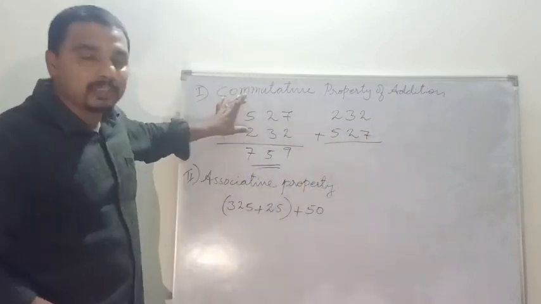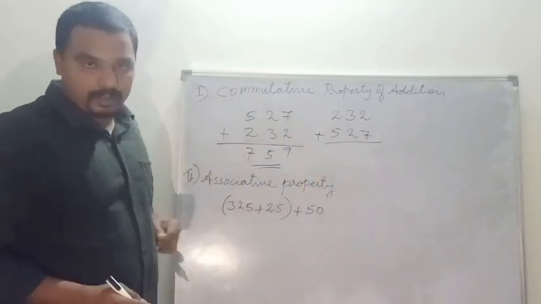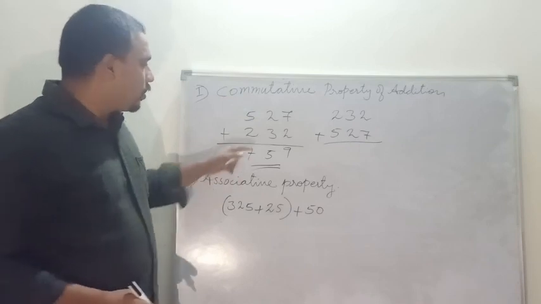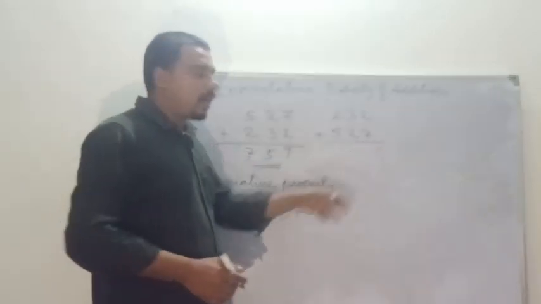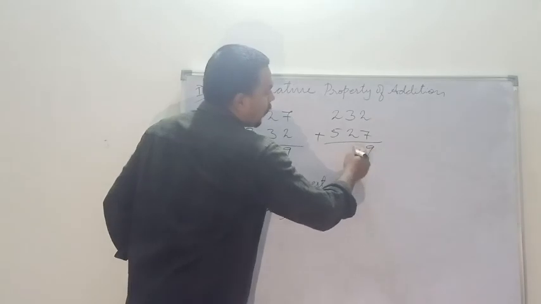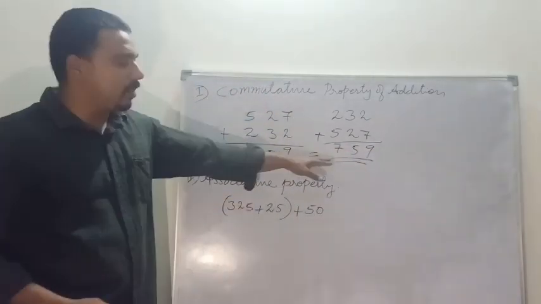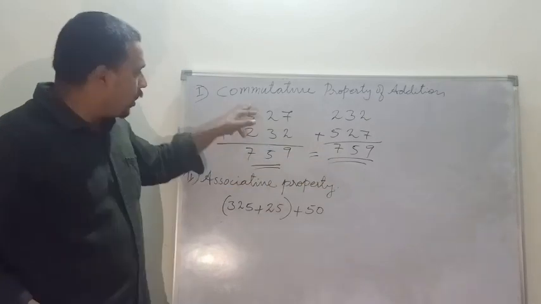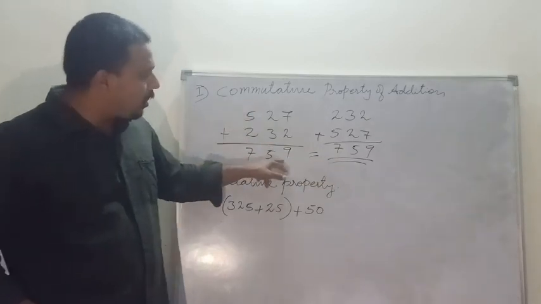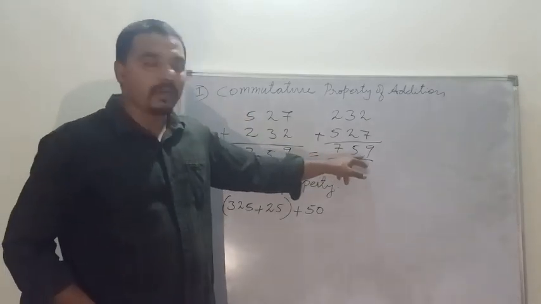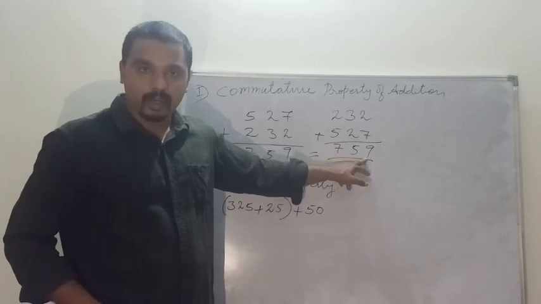So I have made some changes in the addends. Okay. You can see that. Now just add it. We will get a 9, 5 and 7. We got the same answer, same sum. Is it or not? Here we have got 759 and here also 759. Correct?